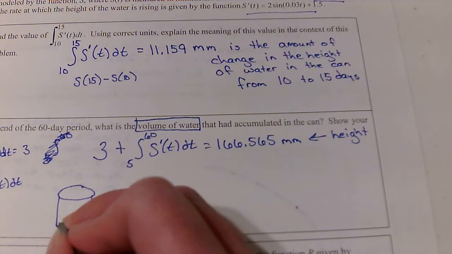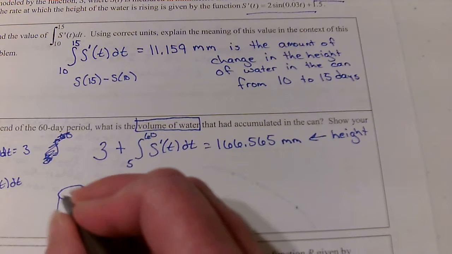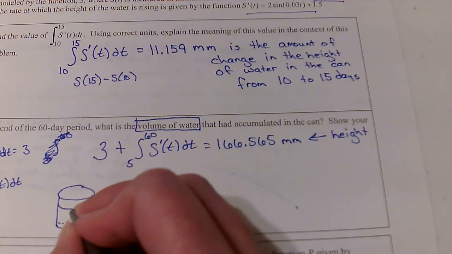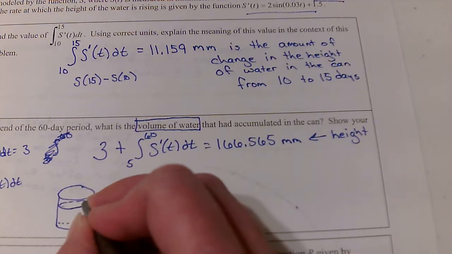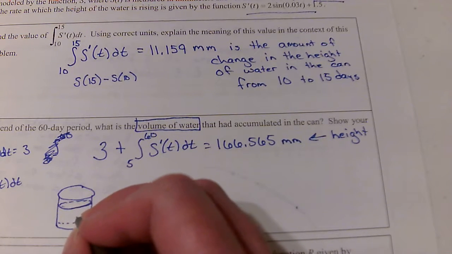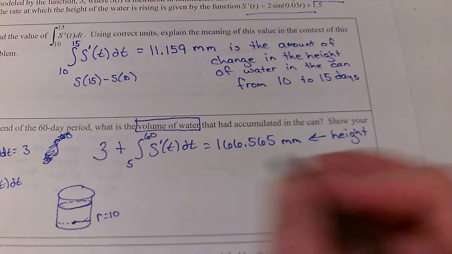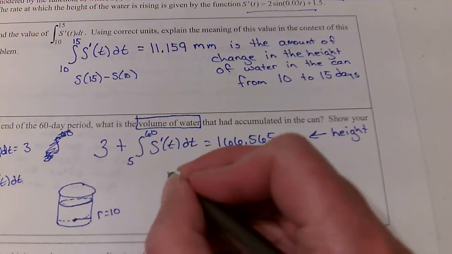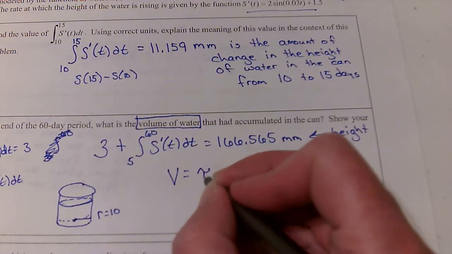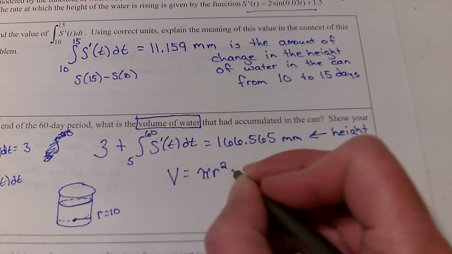So at first it was like right here, and now it's way up at the top. So we know what the new height is of the water. We know the radius. Radius is 10, and we know our height. So the volume would be pi r squared times the height.